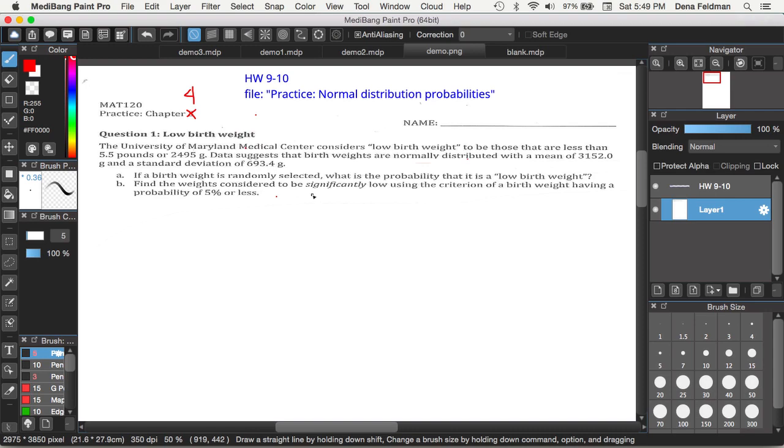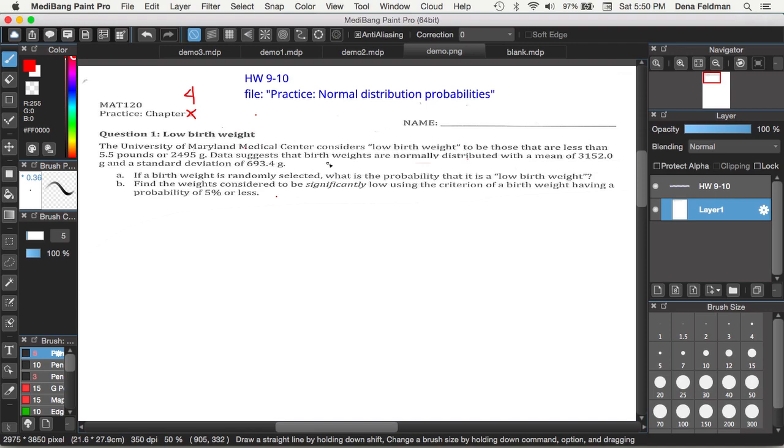So I'm going to read the question out loud. If you have had the opportunity to open your packet, you're welcome to follow along, or if you are still trying to open the packet, then by all means use this time to take it out. Here I go. Question 1. For low birth weight, the University of Maryland Medical Center considers low birth weight to be those that are less than 5.5 pounds, or 2,495 grams.